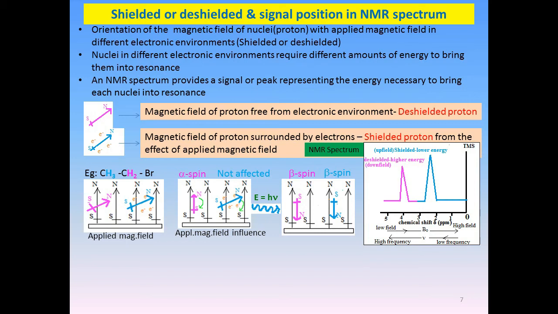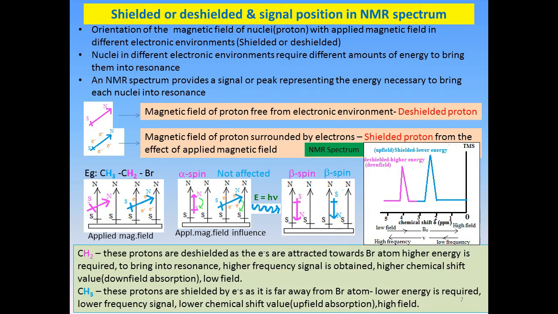But the shielded protons experience less effect of the applied magnetic field. Hence, to cause the resonance, the absorption has to be done in the upfield. That is, high magnetic field strength is required. So that is how de-shielded proton absorbs in the downfield and shielded proton absorbs in the upfield.